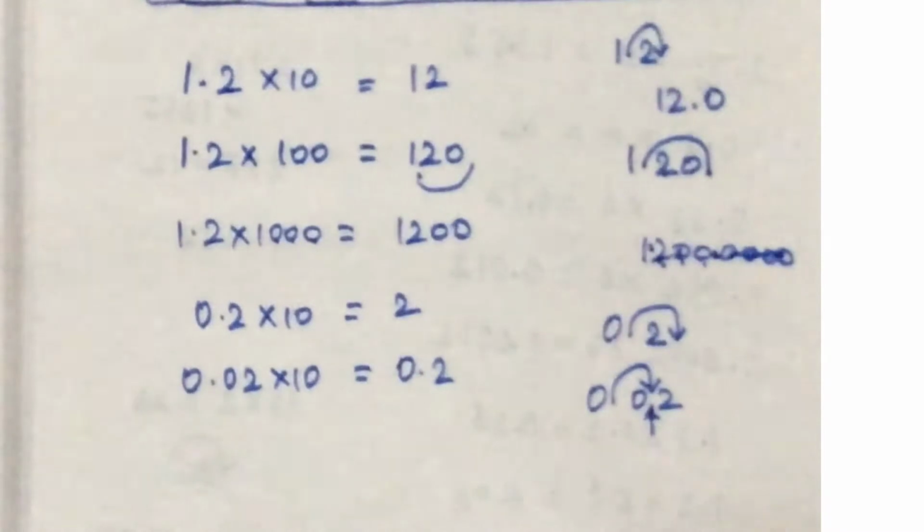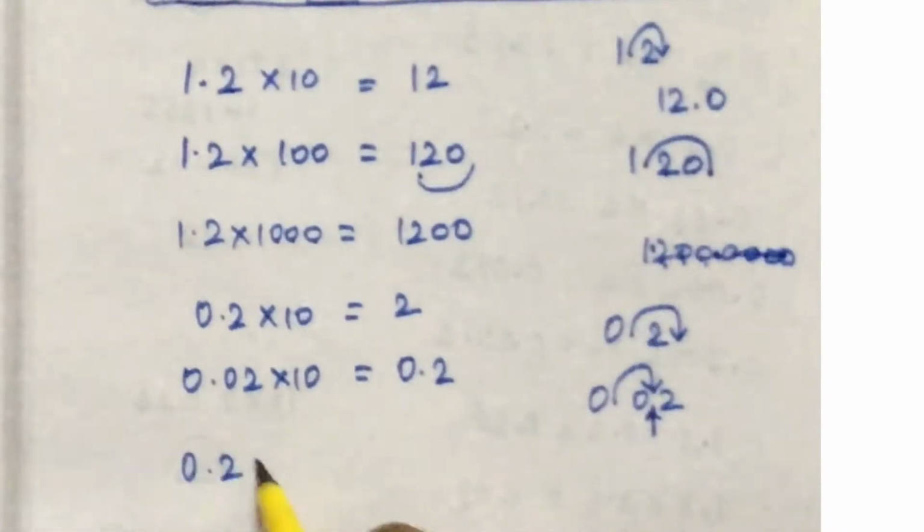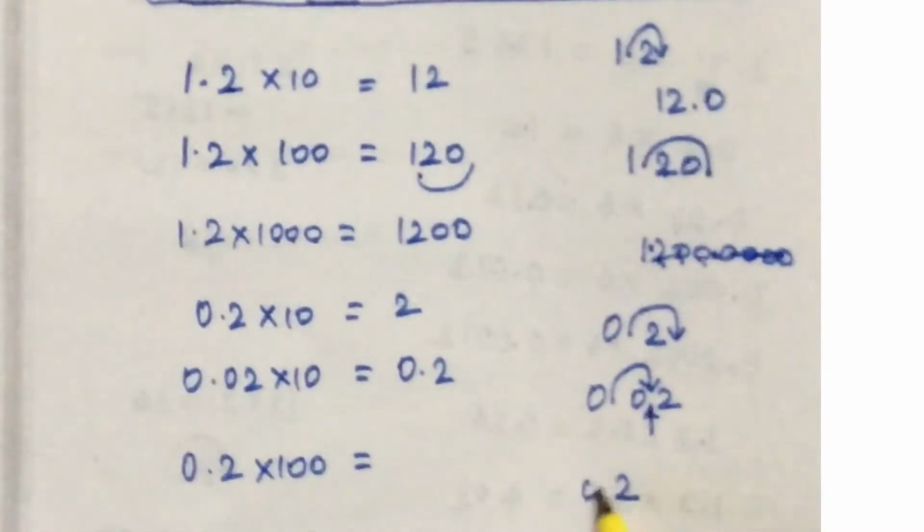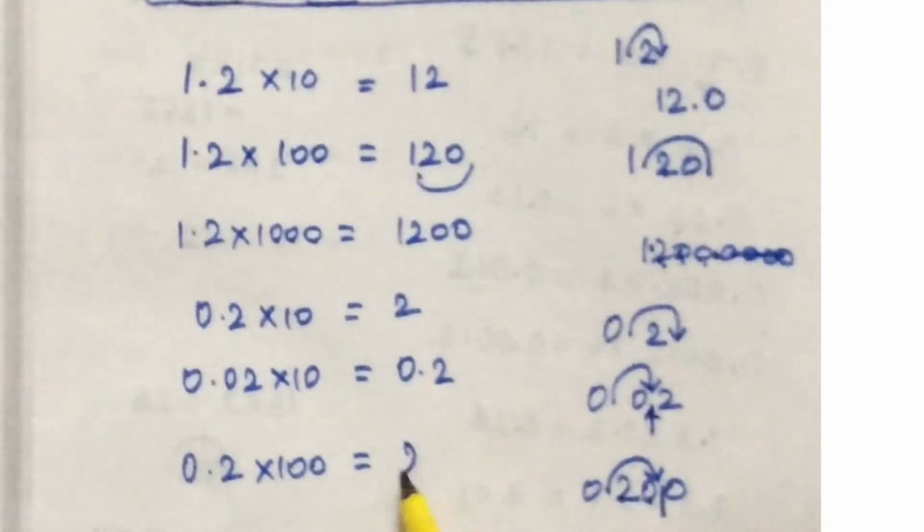Then 0.2 multiplied by 100: 2 digits to the right, so this is 1, this is 2. It will come here, which is 20.